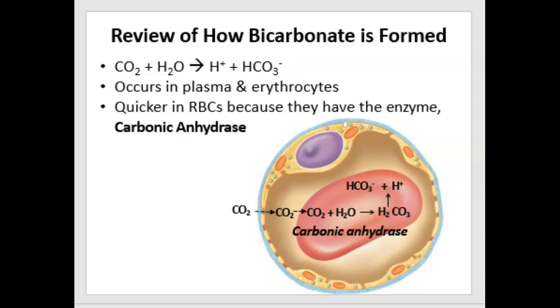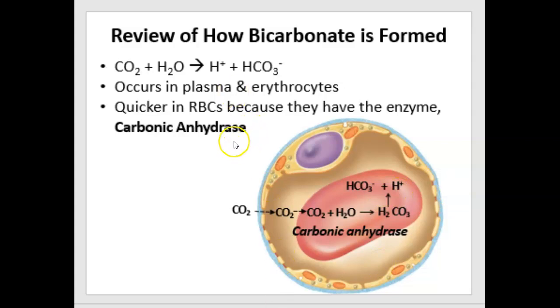Now this reaction does occur in plasma. So any of the carbon dioxide that enters the plasma, the 10% that stays in there, some of it will get converted, but not a lot. And it is measured in the 70% anyway.